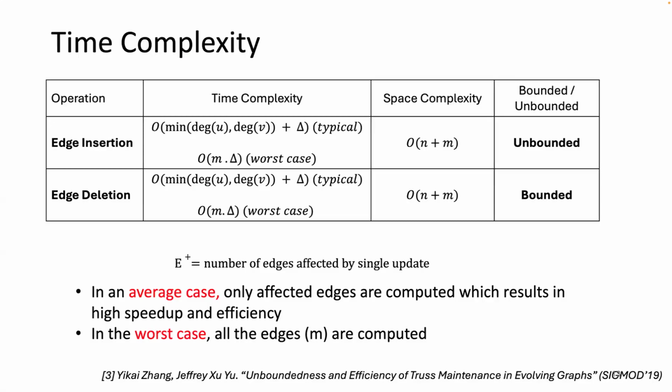Worst case is always for some very special graphs. Different kinds of graphs can be average case or worst case. All right, so that's the time complexity for edge insertions and deletions.